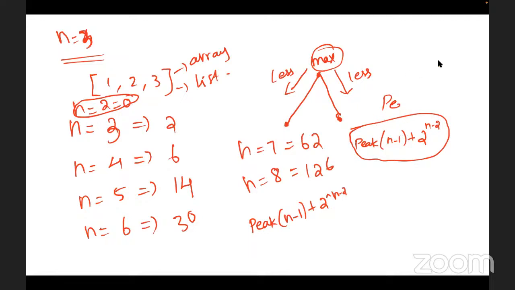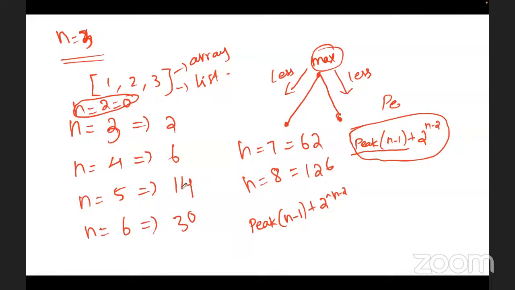Good. Okay, so now, is there any other possibility to optimize this formula? I got a formula, right? But in this too, we have to find the peak of n minus 1. That means you need to know the mountain peak sequence of the previous numbers.